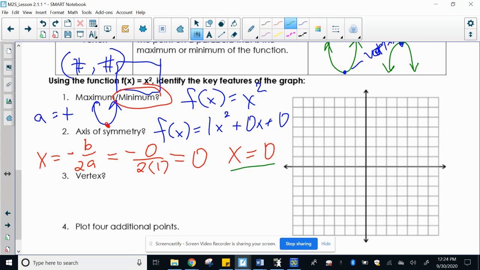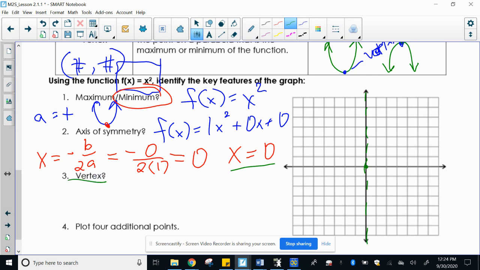Well, the x's are going left and right, so x being 0 is right here at the origin. Now, I'm going to draw in a dashed line from here, going up and down. That's our axis of symmetry. So the first step we did was we drew in our axis of symmetry.